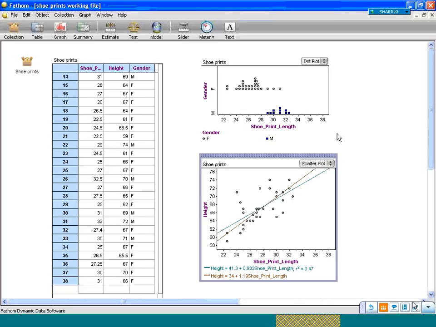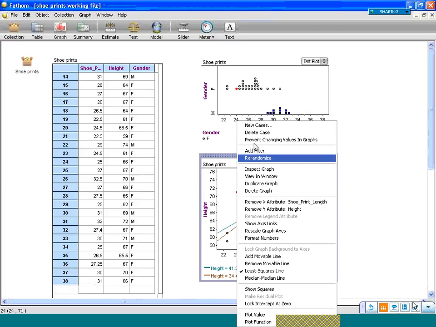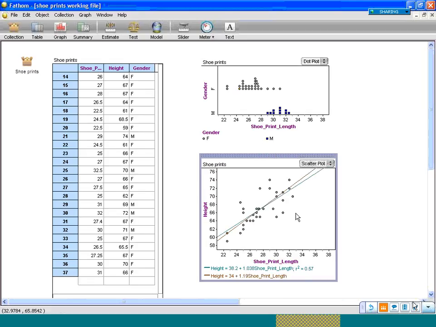Delete case. That is at 24 and 71. And to be clear, Paul, would you like me to do that with this other point removed? Yeah, both of them at the same time. Okay, so you'd like the one at 24 and right there? Yep. Okay, so let's delete that case.